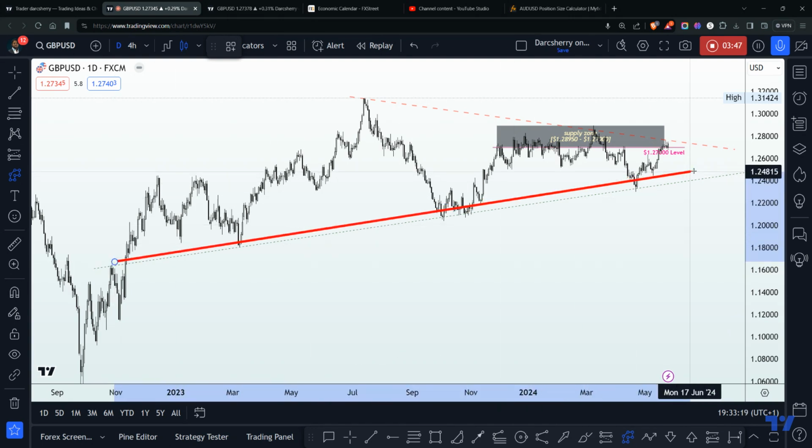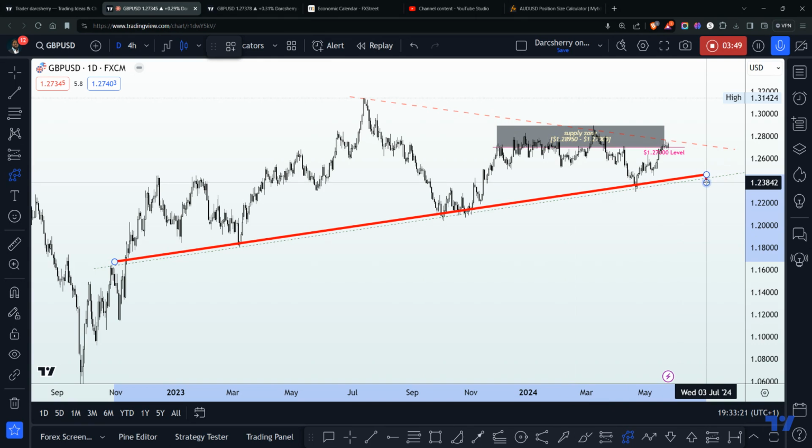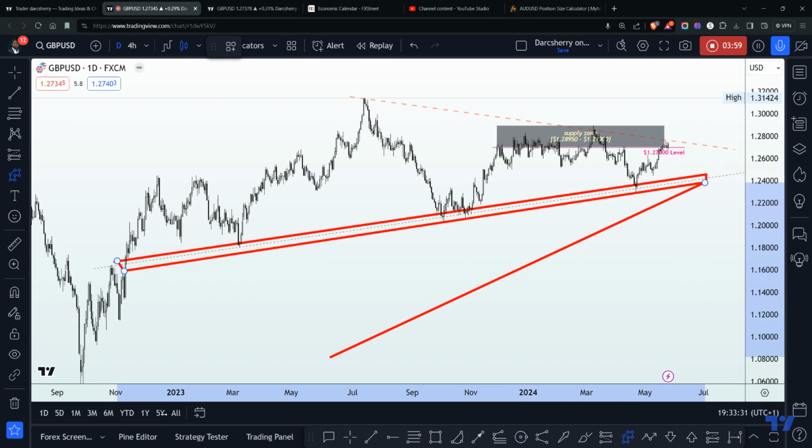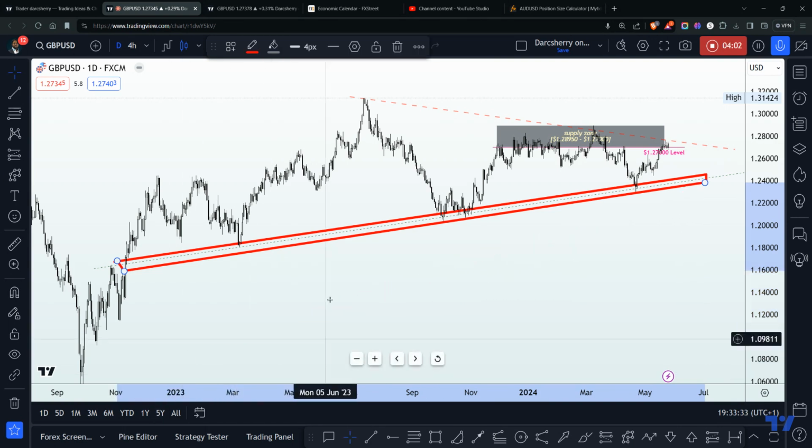After connecting the series of higher lows in the last 6 to 7 months, you will see that price action had consistently found higher lows, giving us a beautiful ascending trend line to work with.